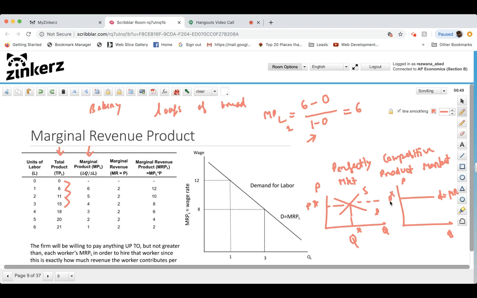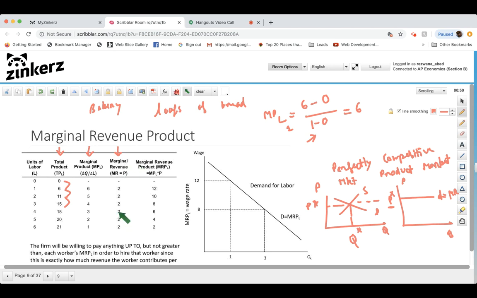What we remember from perfect competition is that their marginal revenue is equal to their price, because each time they sell one more unit of output, the additional revenue they earn is always going to be equal to the price. Recall this? Okay, so this is why the marginal revenue is equal to price, and it's always 2.